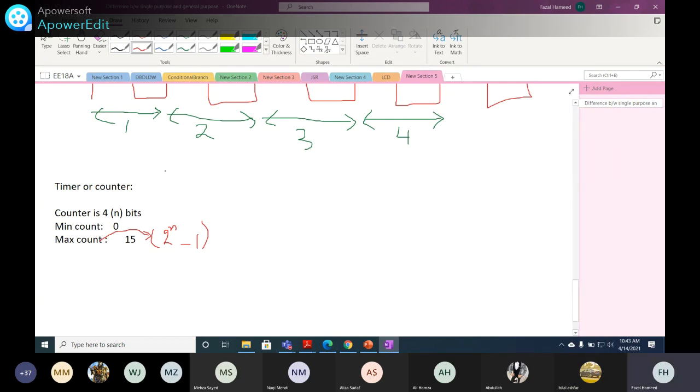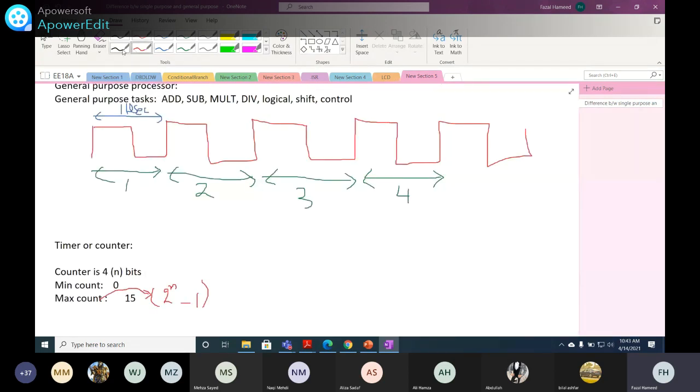Now let's assume that the counter is counting the clock intervals. This is the starting point. At this point the counter value is 0, at the rising edge. At the next rising edge, what will be the value of the counter? It is initialized to 0.